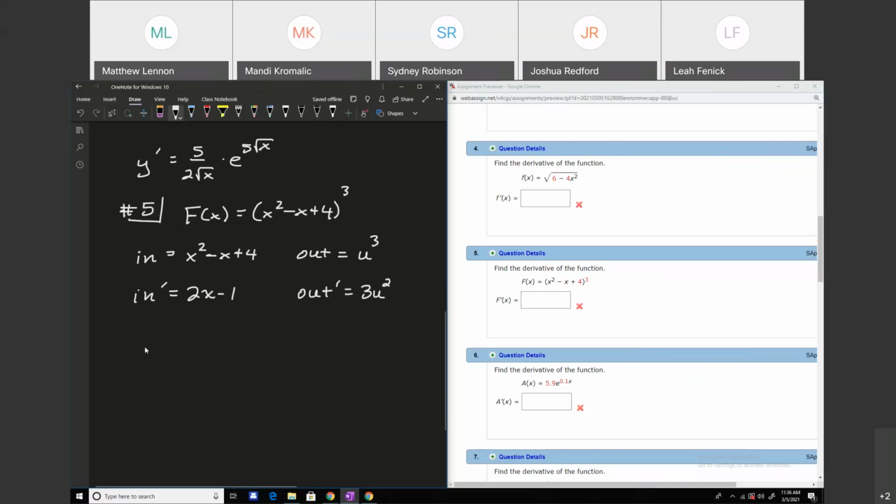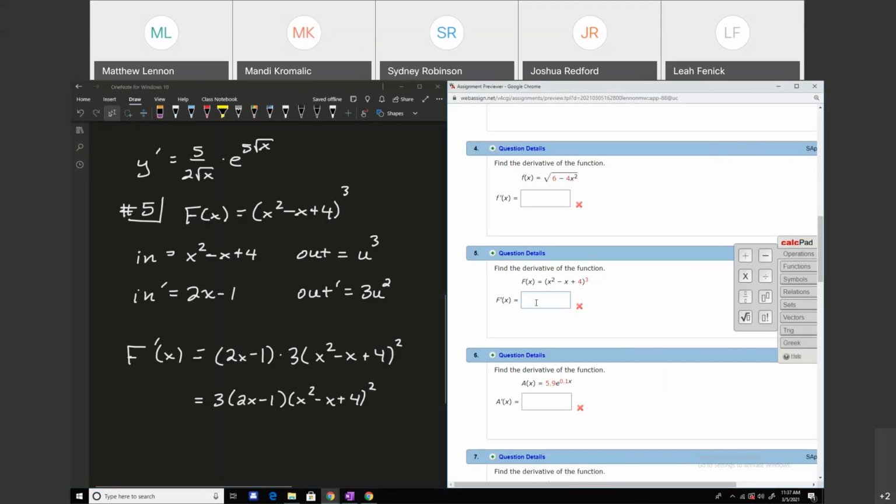So then f prime of x is 2x minus 1 times 3, and then change u back into x squared minus x plus 4 squared. Typically, I would write the 3 in front, so I would write it in this order, although they're both exactly the same. I just kind of like to write the simplest thing in front.